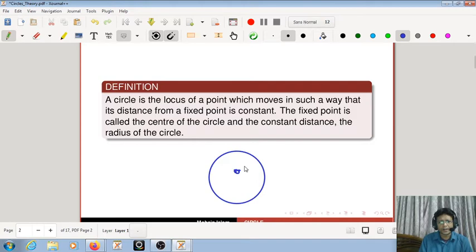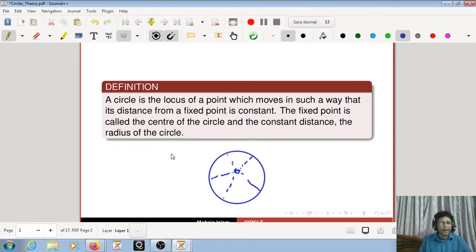Look at that, its distance from the center is always constant. So this is called the center of the circle, and the distance is the radius of the circle. That makes the circle, and this is the important definition of the circle.